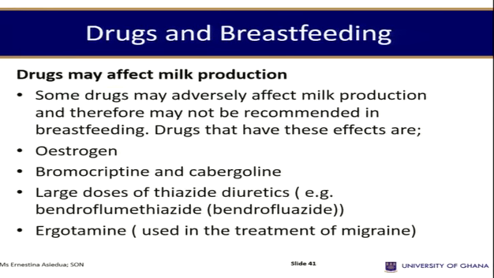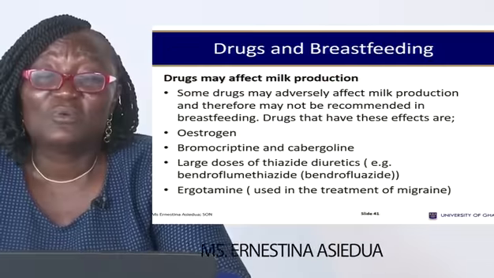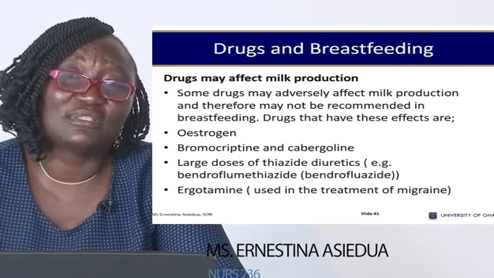The drugs that may affect milk production. Some drugs may adversely affect milk production and therefore may not be recommended in breastfeeding. Like we said, all drugs that have estrogen as their base. In the normal physiology of lactation, when estrogen and progesterone are in high quantities, prolactin cannot work.